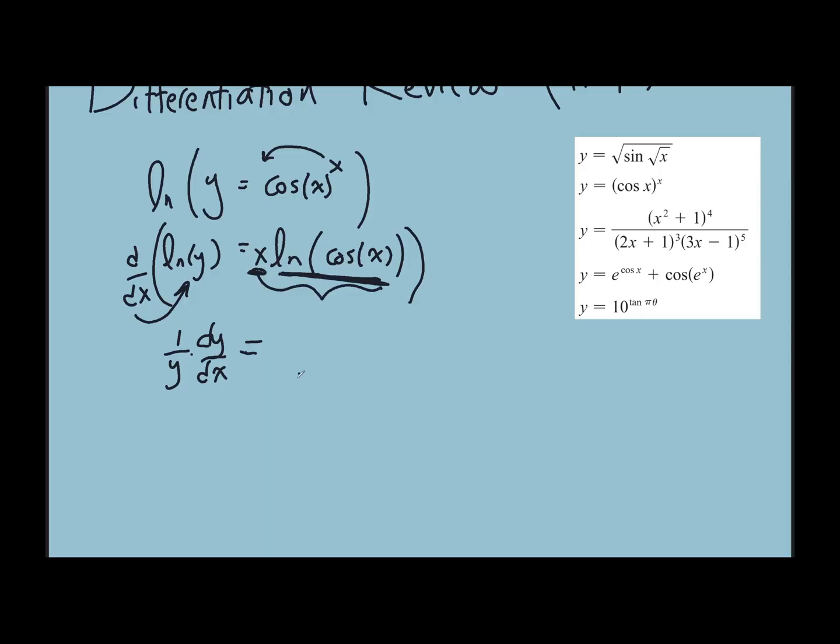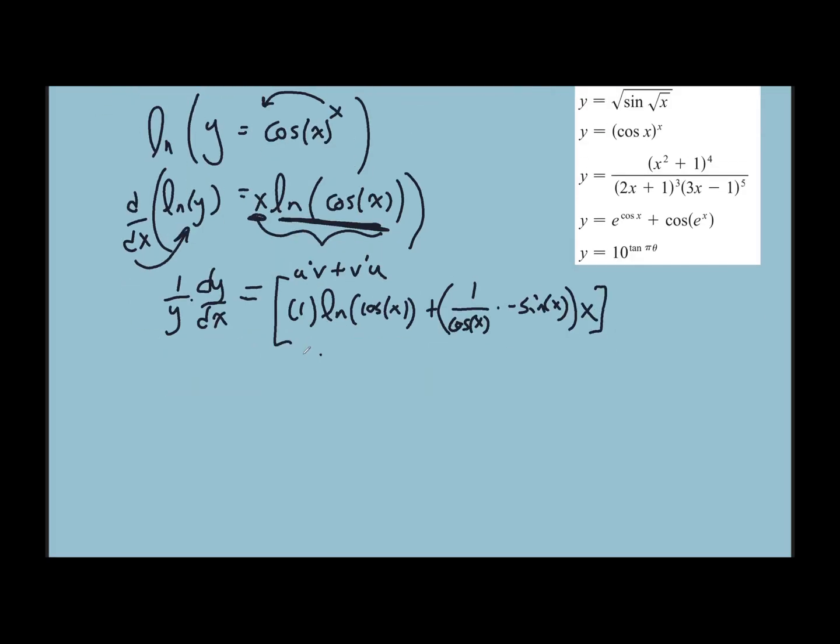So u prime v plus v prime u. The derivative of x is 1. V is just this ugliness, natural log of cosine of x, like that, plus v prime, which is 1 over cosine of x, chain rule, times negative sine of x, right? The inside is not just an x, so you have to chain rule. That's v prime, and then u is x.